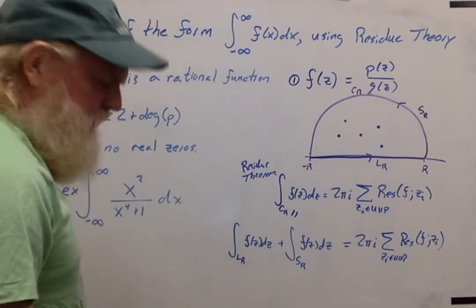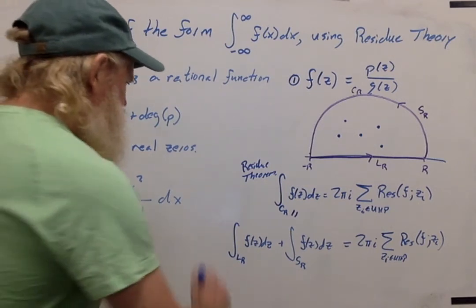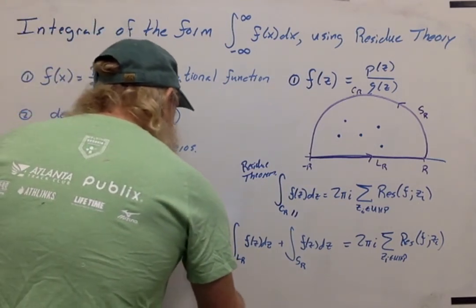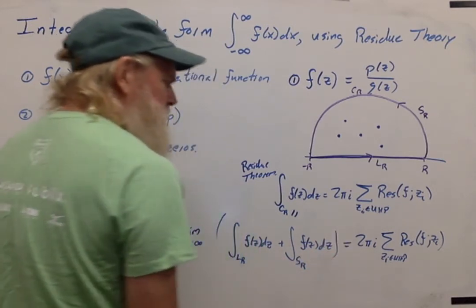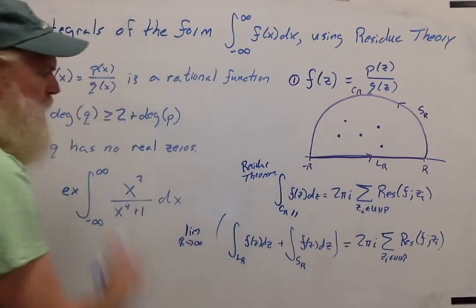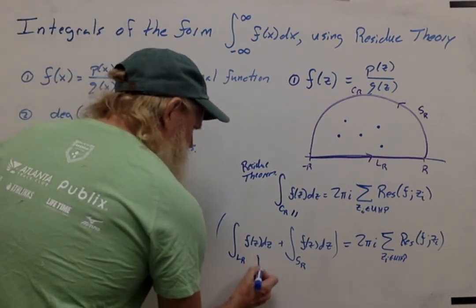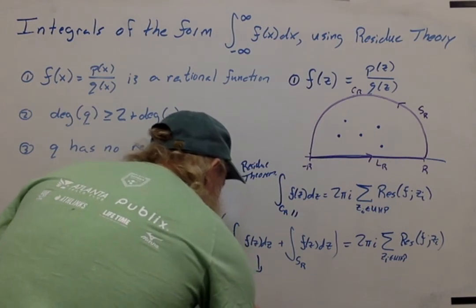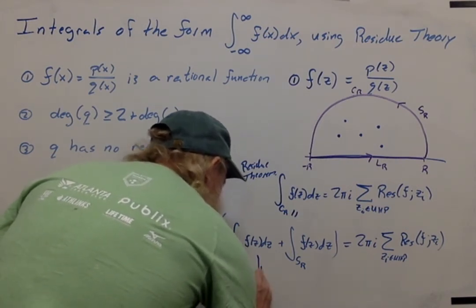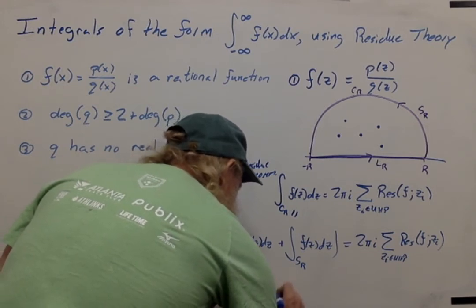What we do next is we're going to let r go to infinity. So we'll take the limit of all of this as r goes to infinity. Then under the circumstances that we've described here, this first integral is going to become the integral from negative infinity to infinity of f of x dx.